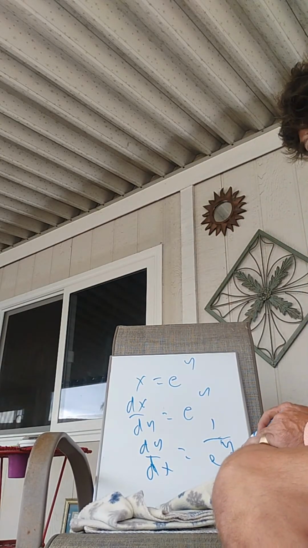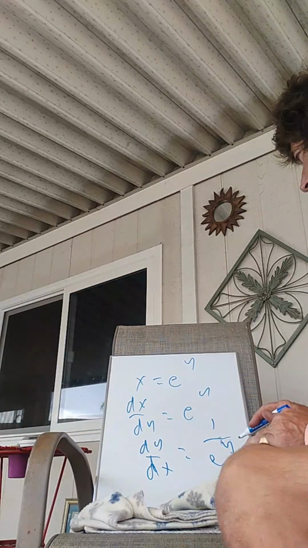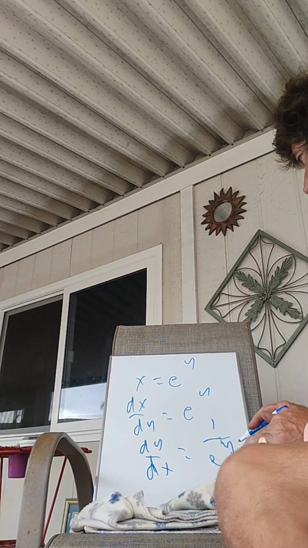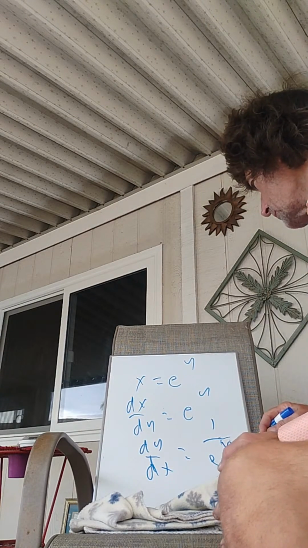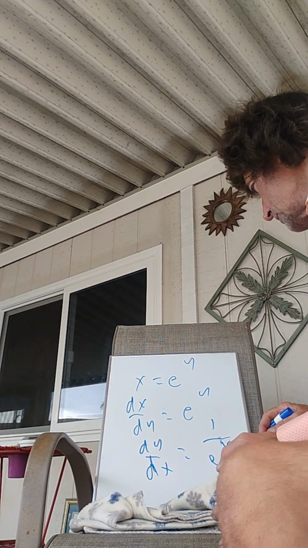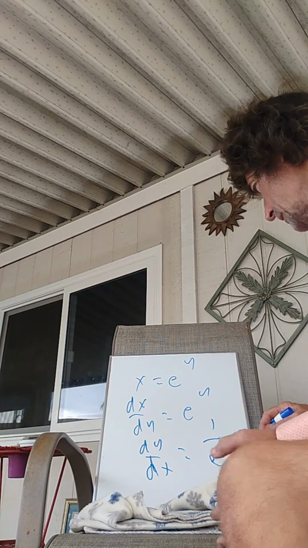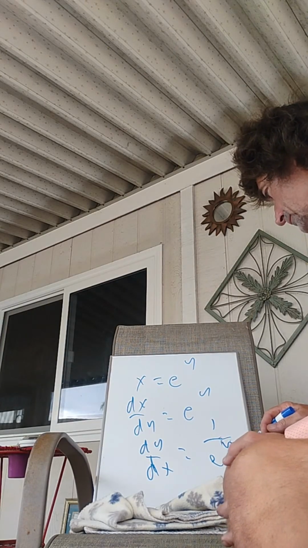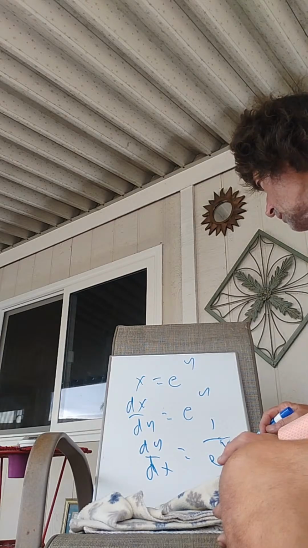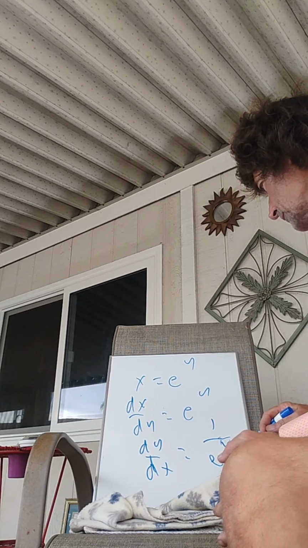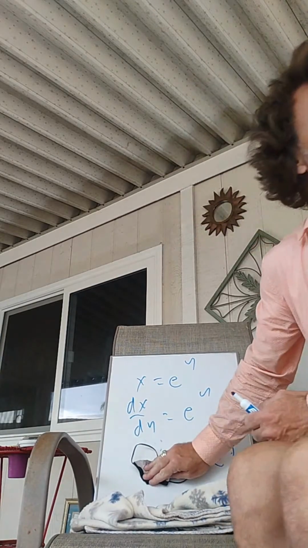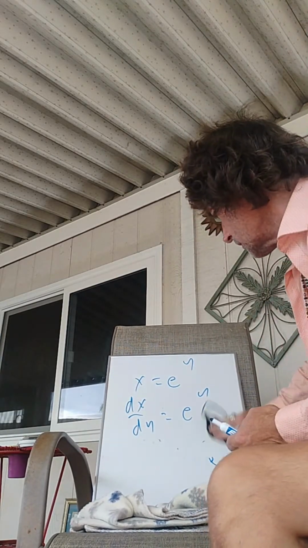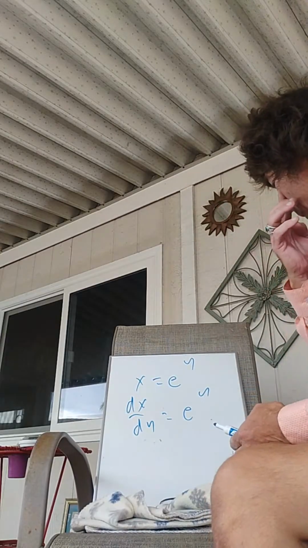And then I had, how did I do this? I'm going to do this till I get it. It was 1 over e to the y. And then I did dy/dx equals, wait, no, I don't want to do that yet.